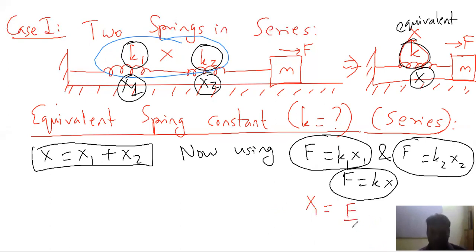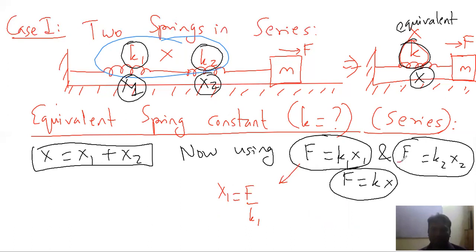So x1 is F by K1, x2 is F by K2, and x is F by K from these three equations. Let me show you once again how I wrote these equations. From the first equation, we get x1 is F by K1.